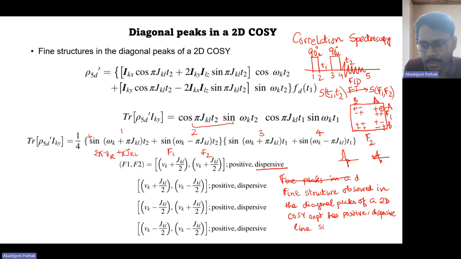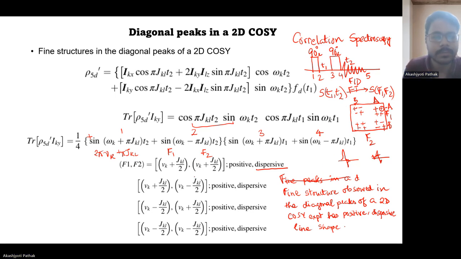This was also discussed in great detail in the lectures. So this is the take-home message from this slide: the fine structures that we observed in the diagonal peaks of a 2D COSY spectrum have dispersive line shapes, and they have positive character.